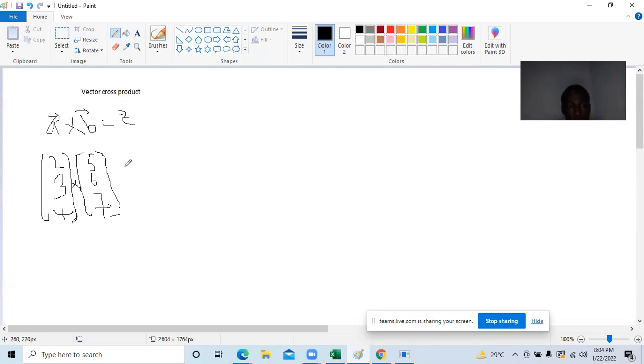In this case, we ignore what is in the first plane. So this is x, y, z. We ignore the x plane, and then we figure out this remaining matrix: 3, 4, 6, and 7.